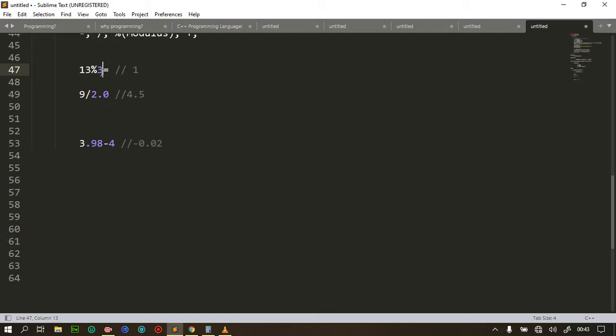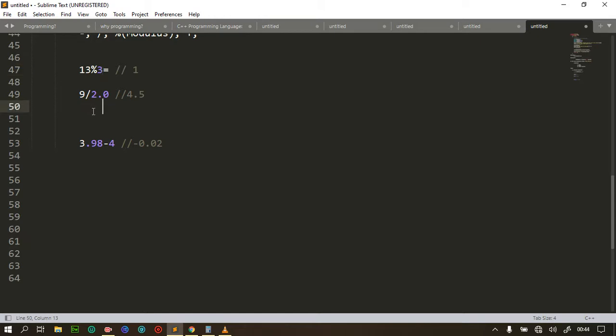Now when it comes to the division, listen to this very well. When both operands of the division operator are integers, then the division is performed as an integer division.